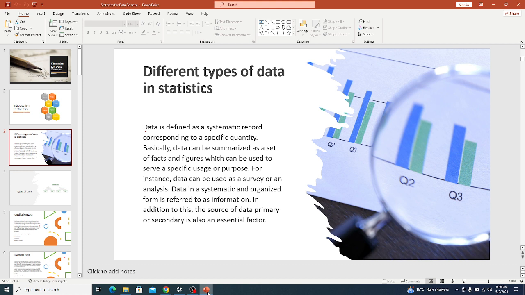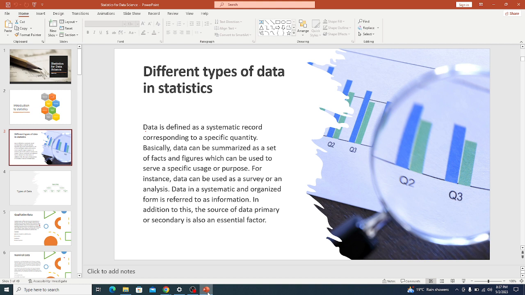So let's see what our slides are telling us about the definition of data in statistics. Data is defined as a systematic record corresponding to a specific quantity.